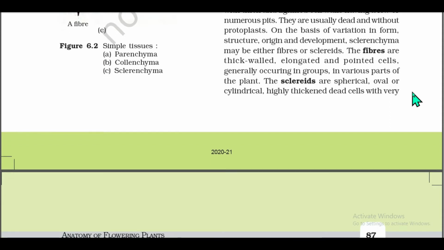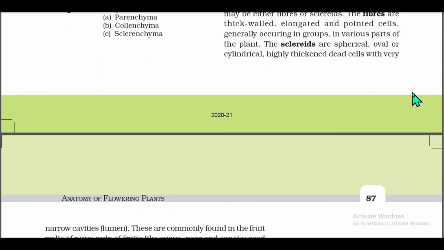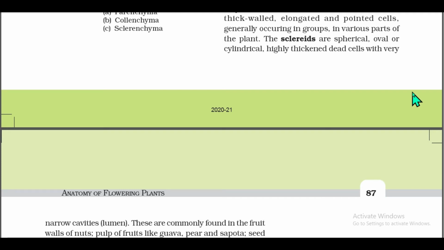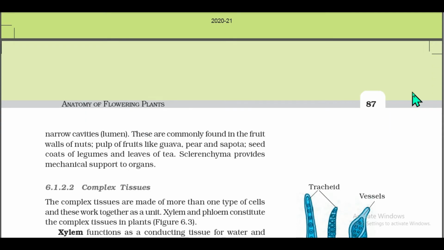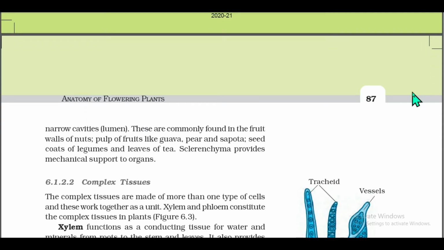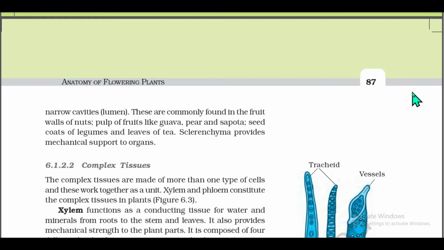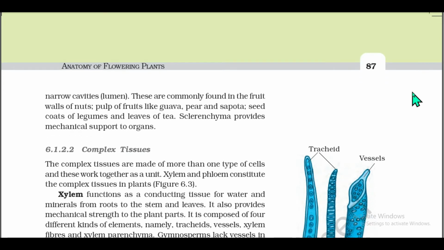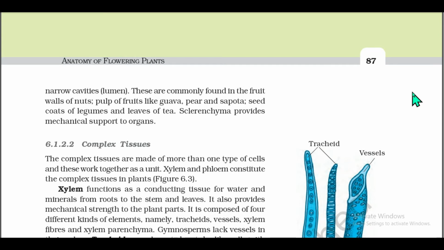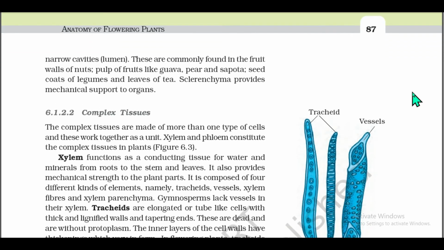The sclereids are spherical, oval or cylindrical, highly thickened dead cells with very narrow cavities, lumen. These are commonly found in the fruit walls of nuts, pulp of fruits like guava, pear and sapota, seed coats of leguminous plants and leaves of tea. Sclerenchyma provides mechanical support to organs.